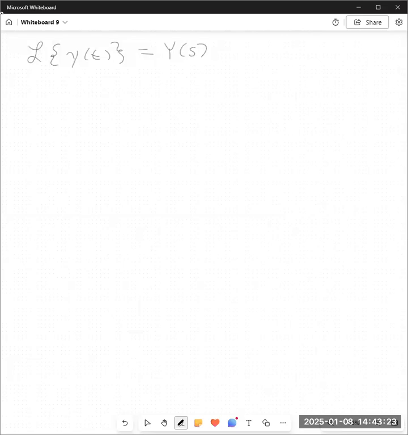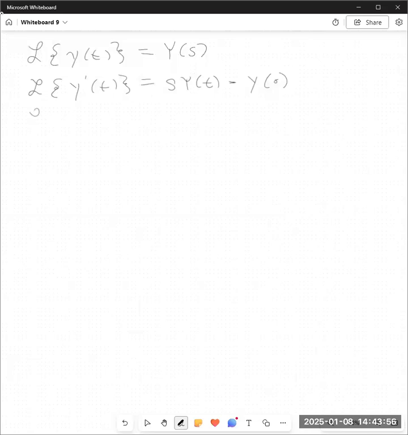And if we have the Laplace transform of the first derivative of y, then that's going to be equal to s times capital Y of s minus y of 0. So notice you have to have initial conditions here at t equals 0 to be able to use this.